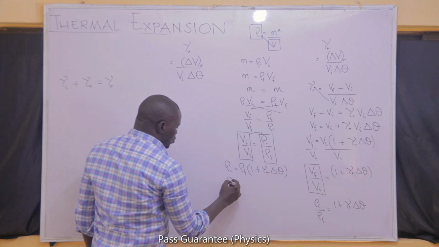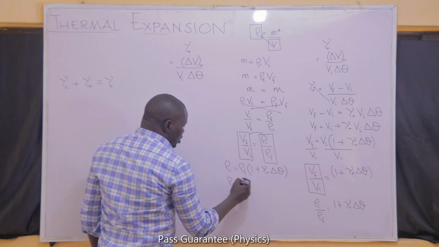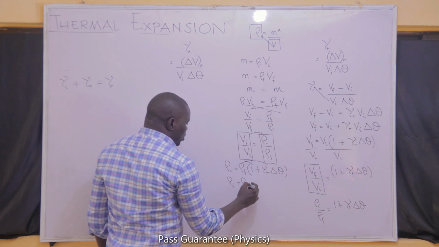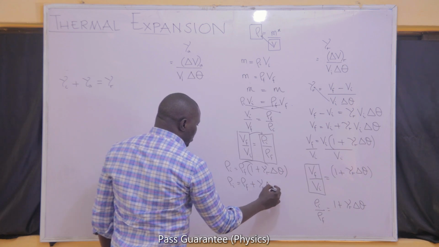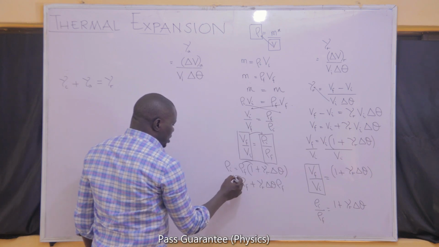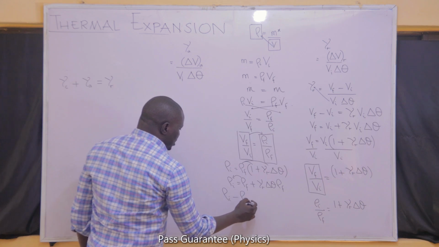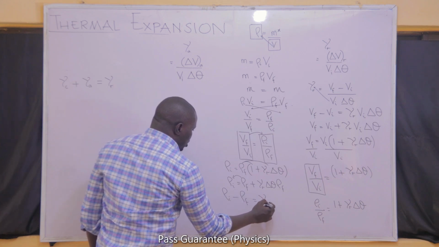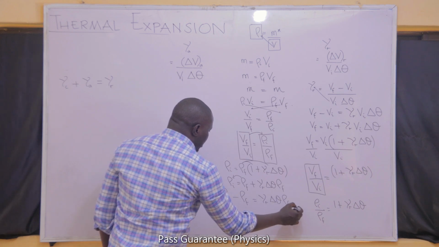If we continue to simplify that expression by multiplying it out, we'll have rho F plus real cubic expansivity multiplied by change in temperature multiplied by rho F. We can bring this here. That becomes initial density minus final density is equal to the real cubic expansivity multiplied by change in temperature multiplied by the final density.